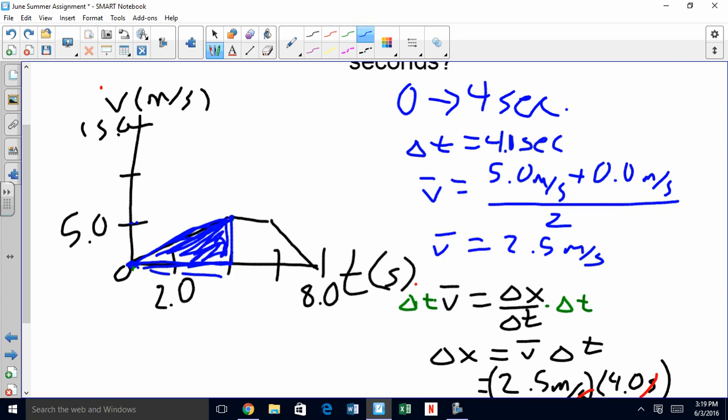And the area of the triangle is half base times height. Half of 4, because the base is actually 4 long since we're going by 2's, times the height, which is 5. Half of 4 is 2, times 5 is 10, which is the same thing that we just got. So we are actually finding the area underneath that curve to find the displacement.